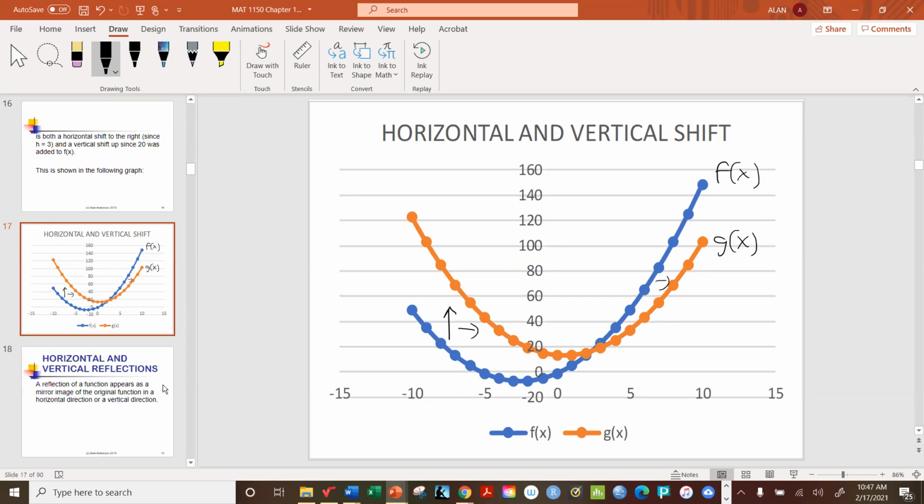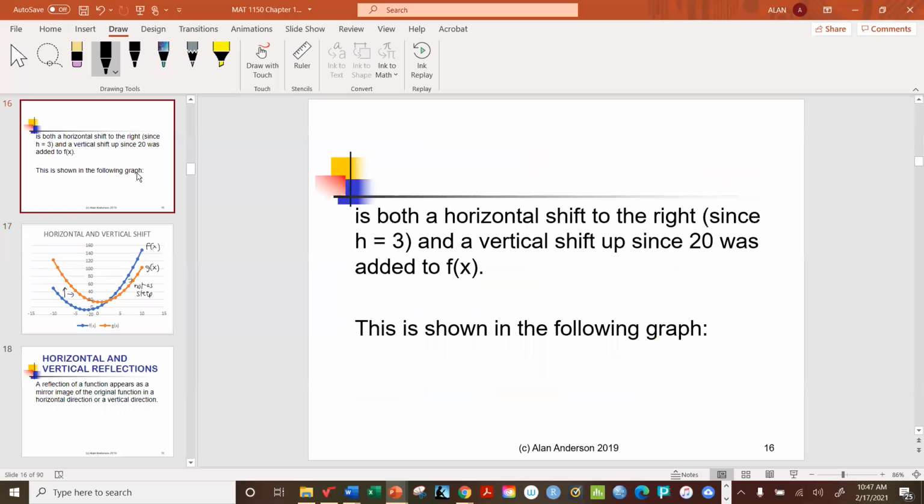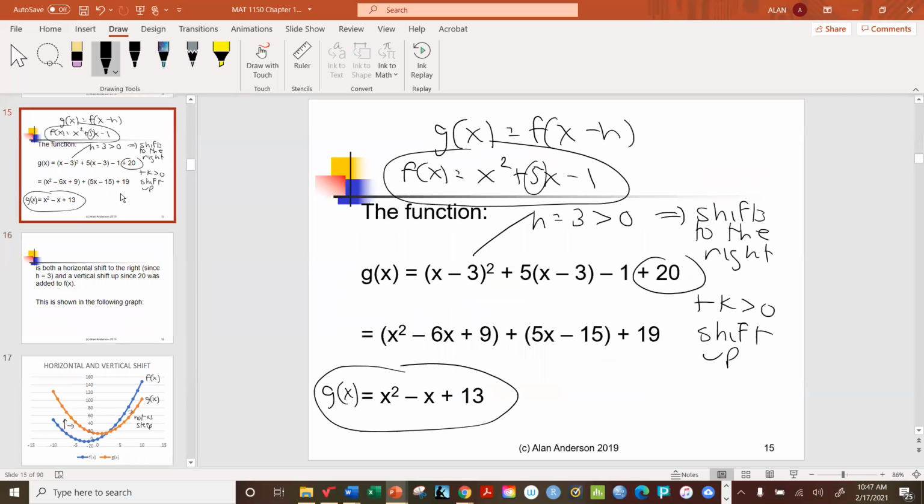What's really happening is, you can think of it as flattening it. You see how it's not as steep? And that's because with the x, we have negative 1 instead of 5. So that flattens out the function. And then we also, on the other hand, have a larger constant.